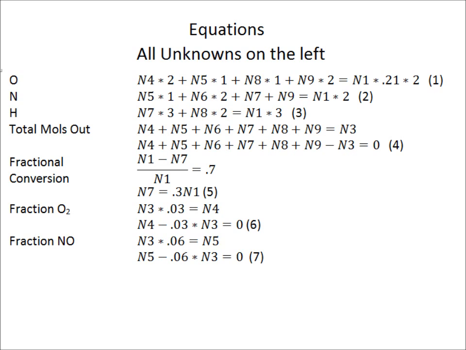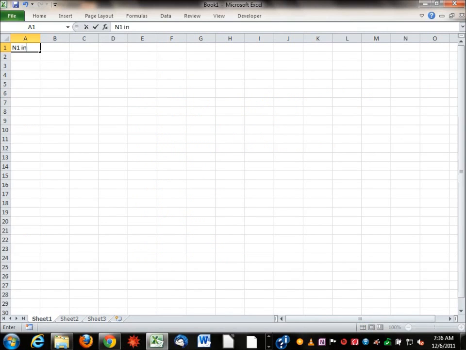For the fractional conversion, we need to solve so that N7 is on the left and N1 is on the right. For fractional O2 and fractional NO, the procedure is basically the same. We need to subtract over our N3 so that both of our unknowns are on the same side of the equation.